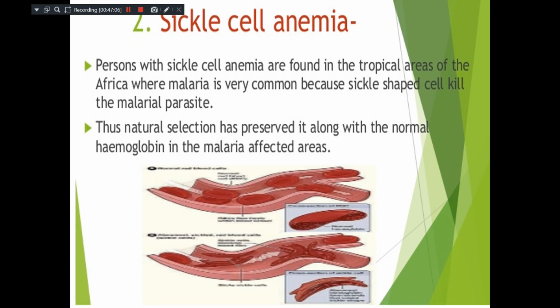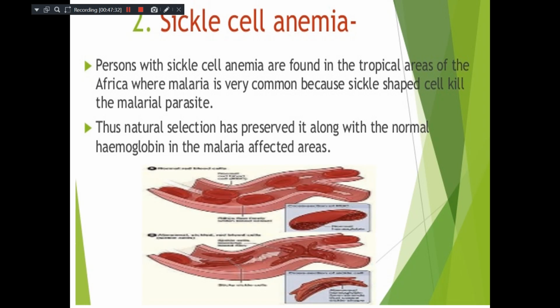Another example is sickle cell anemia. Generally, people with sickle cell anemia are common in tropical areas, especially tropical areas of Africa, where malarial disease is very common.